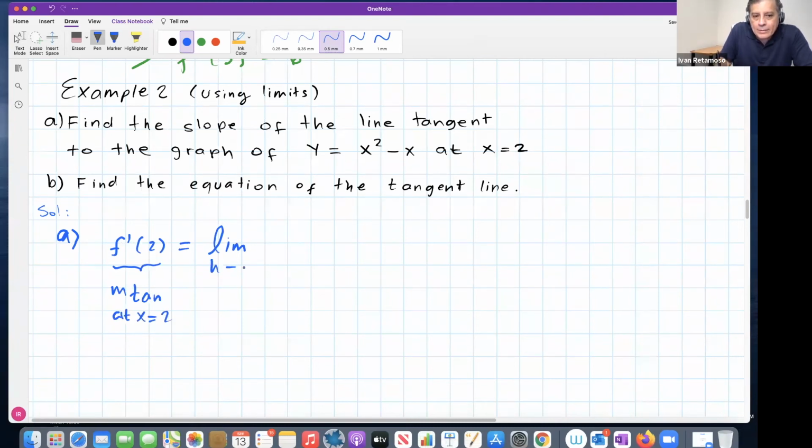Limit as h approaches 0 of f of, remember this base point 2 comes here, plus h, minus f of 2, the base point again, over h. This is the difference quotient.